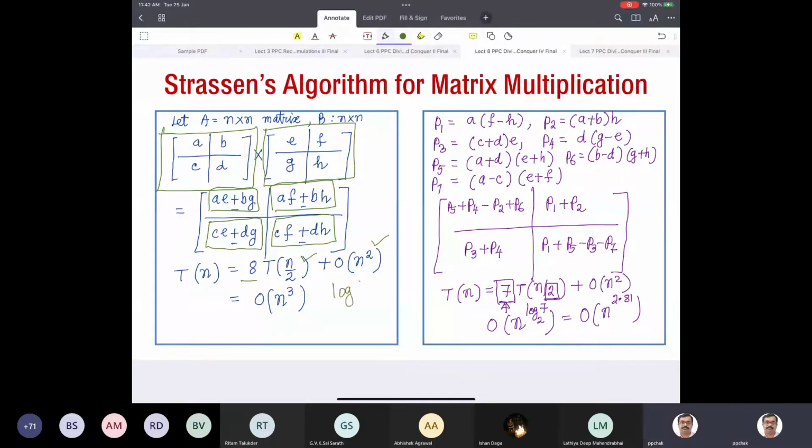Log 8 to the base 2 is equal to 3. Therefore, this algorithm becomes n cubed. The only place again I cannot reduce is matrix addition below order n squared, because I have to see n squared elements. I just cannot reduce it. So my option is to reduce this.